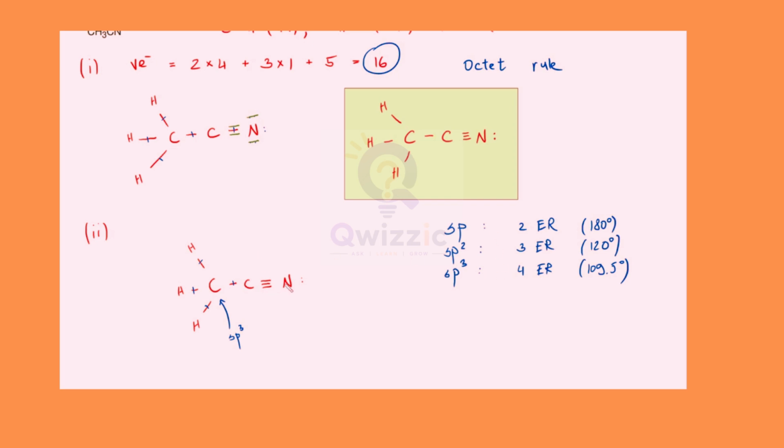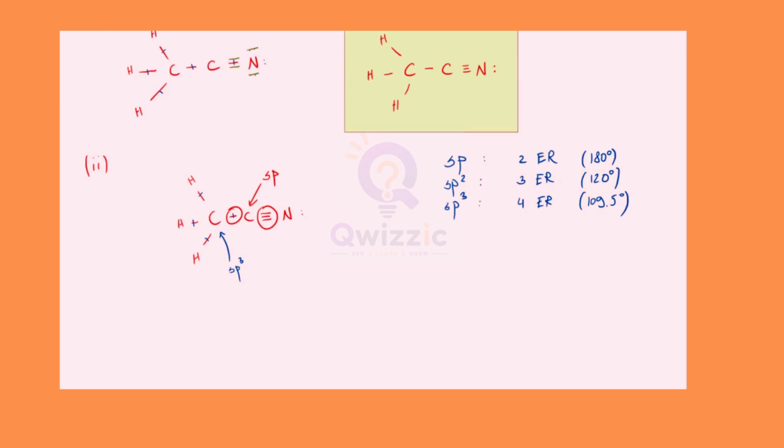On the other hand, when we consider our nitrile group, there are 2 electron regions, 1 single bond and 1 triple bond. So that means the carbon atom from the nitrile group is sp hybridized. Well done. Knowing this information, we can start analyzing our structure.